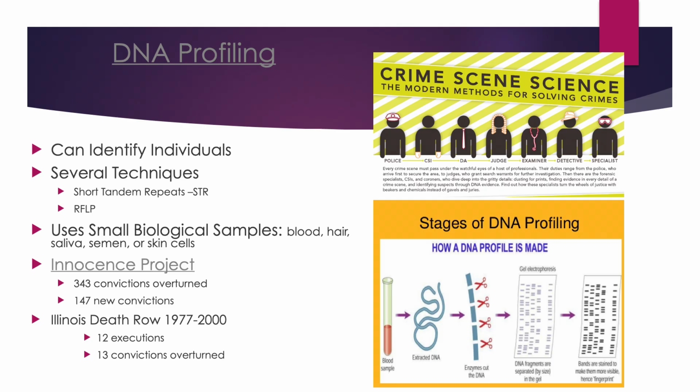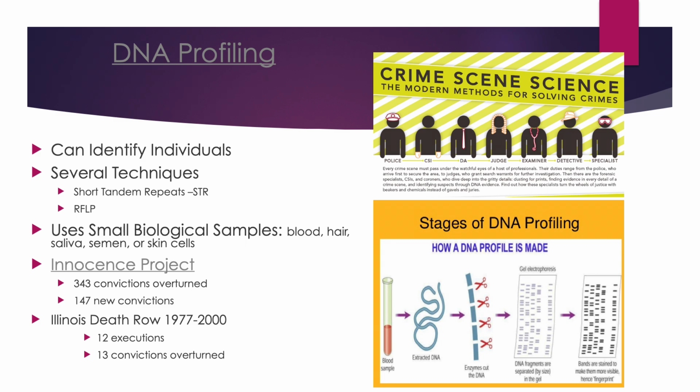In Illinois, over 20 years, we executed 12 people who were sentenced to death for capital crimes. In just the years between 1990 and 2000, re-examining those cases, we overturned 13 convictions. That's why we don't have the death penalty in Illinois.